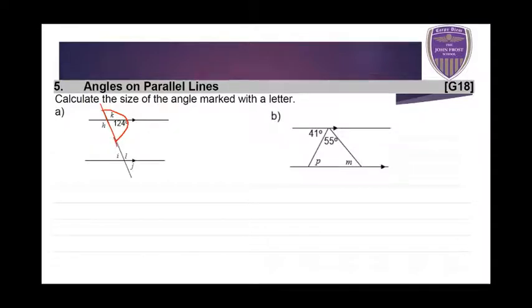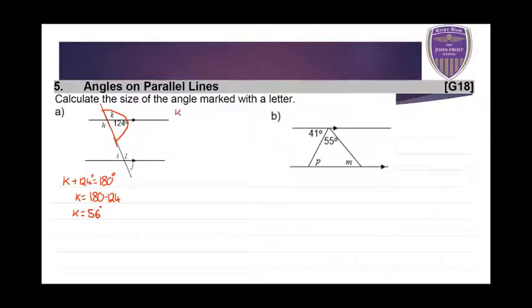And we should all remember by now that angles in a straight line add up to 180 degrees. Therefore, K plus 124 degrees equals 180 degrees. To rearrange this, we write K equals 180 take away 124. So that means that K is equal to 56 degrees.